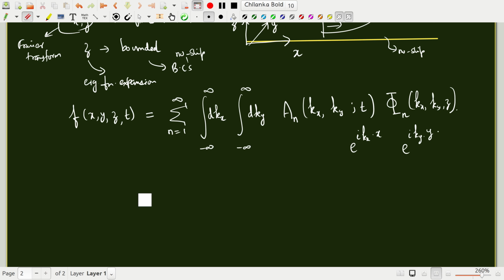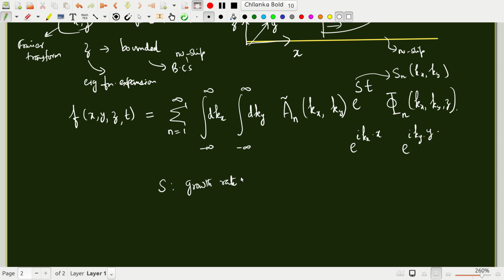So we can write this as some an times e to the st, and this s itself is a function of n, kx, ky. Okay, this s is called the growth rate of perturbations. Now this is the most general type of expansion.